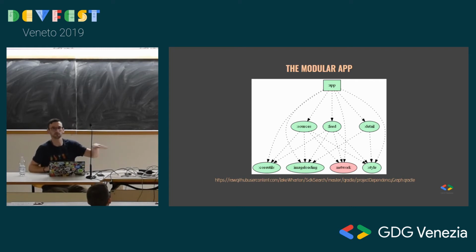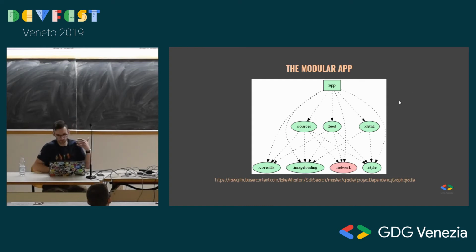And you have some basic modules that we can reuse throughout the features in the middle row, and which can be used selectively. If you think about detail, which in our case doesn't use network at all, it doesn't need to make network calls, it's not going to use it, and it's going to be much faster to build as well because it has fewer dependencies.